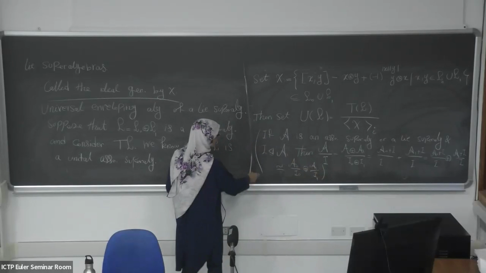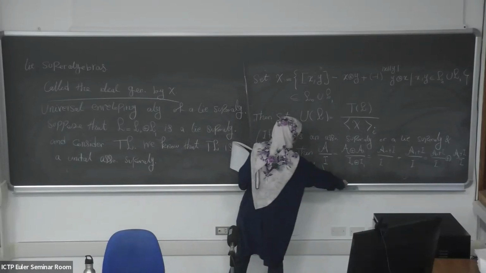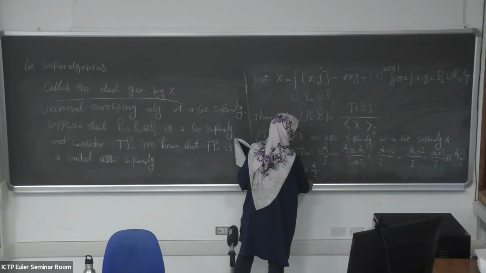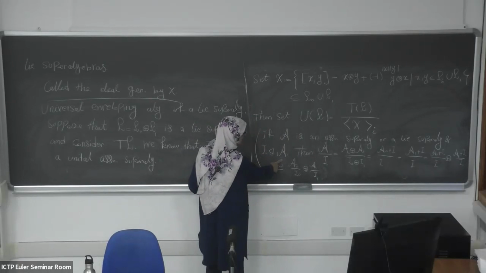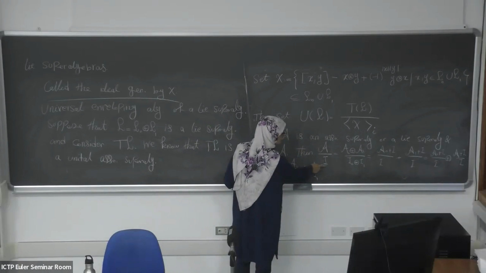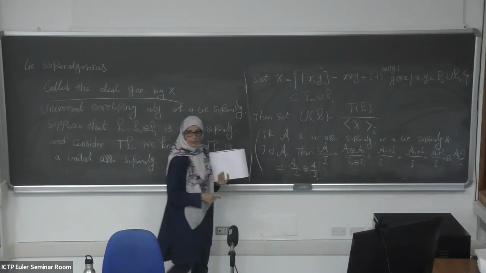When we have an associative or a Lie superalgebra, and I is an ideal, the quotient space is also a superspace.